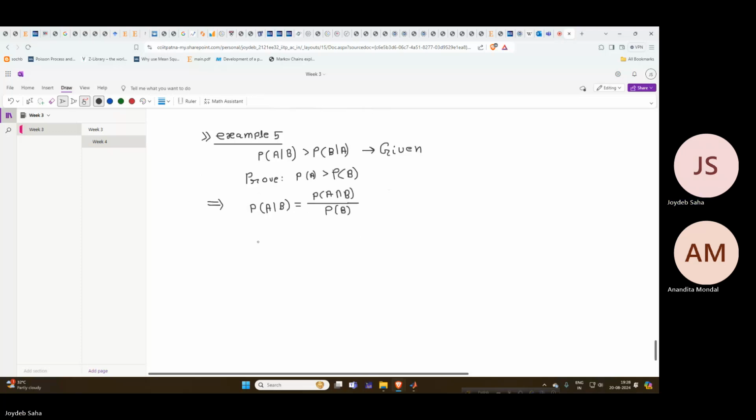And probability of B under the condition of A is again probability of A intersection B divided by probability of A.